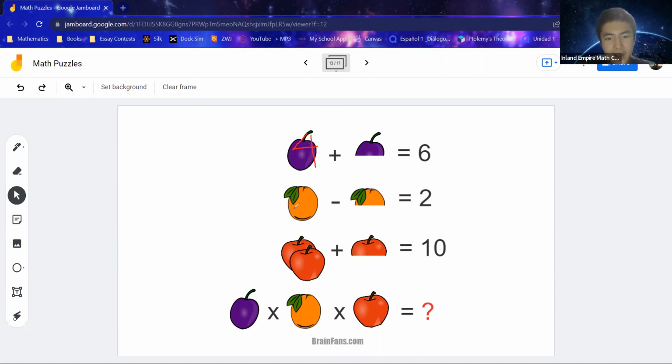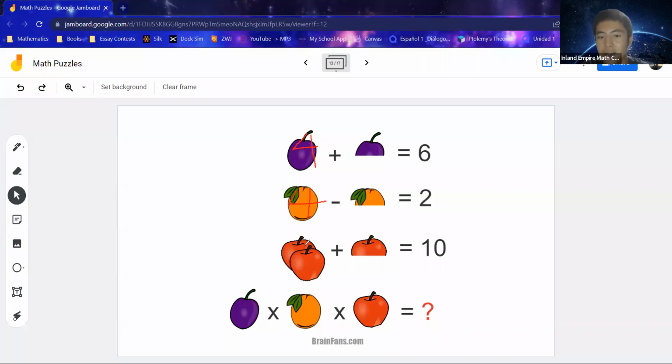All right, let's use what you just did. So what is an orange? 4. That is correct. One orange is 4, meaning half of it is 2. 4 minus 2 is 2. That's right. All right, apple. 2 apples plus half an apple.